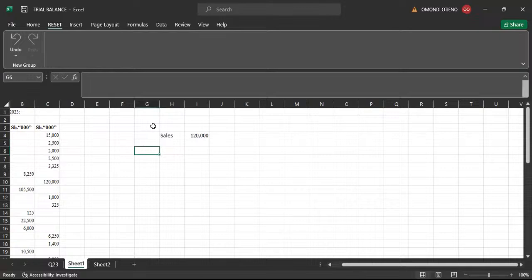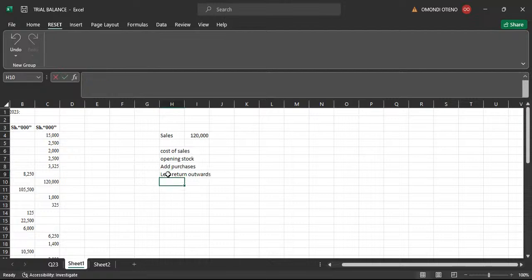So after getting sales, we are going to move to cost of sales. Under cost of sales, we start with opening stock. We add purchases. With these purchases, maybe we might be having return outwards. Return outwards should be subtracted.